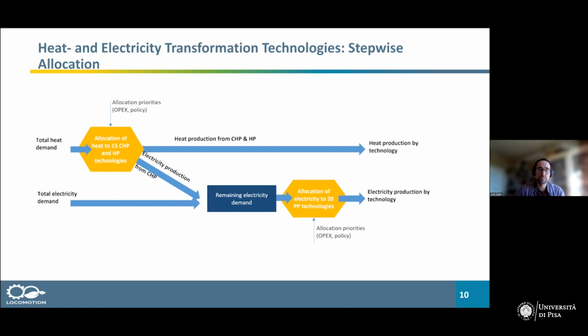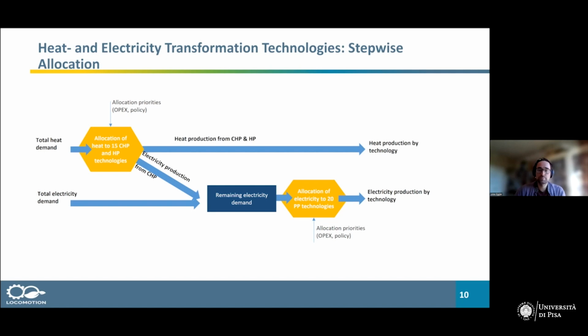So the way we approached this was that we implemented a stepwise allocation. First we allocate the total heat demand to the CHP and heat plant technologies. And then we deduct the electricity that comes from the CHPs from the total electricity demand and allocate the remaining electricity demand to the 20 different power plant technologies.